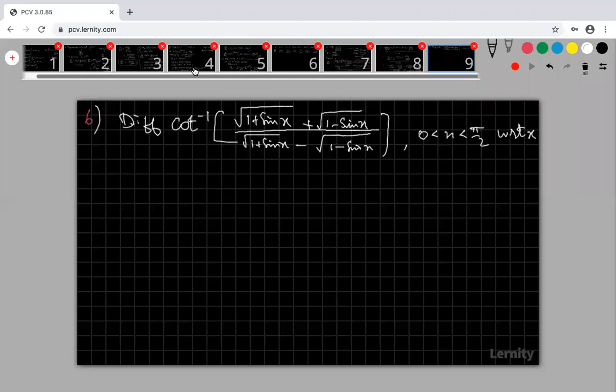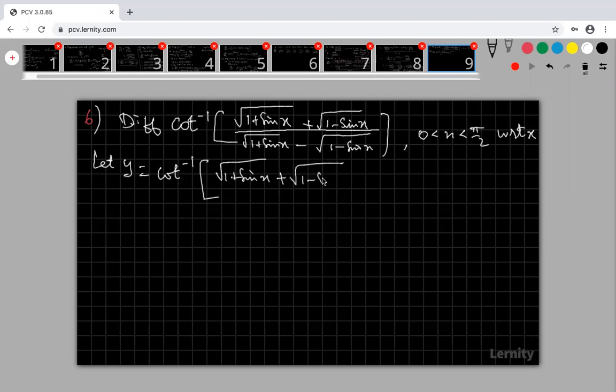How to differentiate? So first of all, let y is equal to cot inverse of root of 1 plus sin x plus root of 1 minus sin x, whole divided by root of 1 plus sin x minus root of 1 minus sin x.